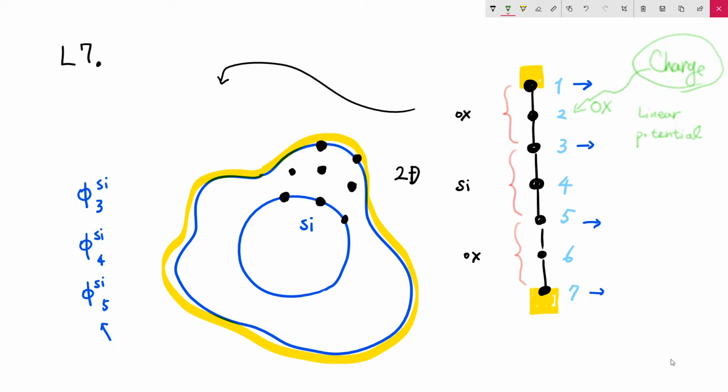I mean that in some cases we can consider an oxide trap, a trap located in the oxide, which is very important for reliability or noise simulation. Also, not just traps, we can also consider fixed charge here.